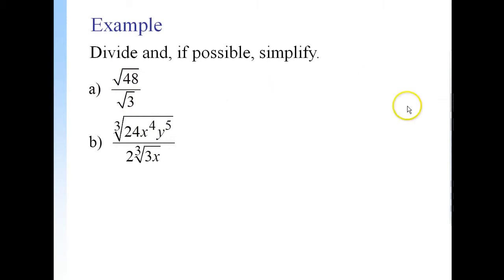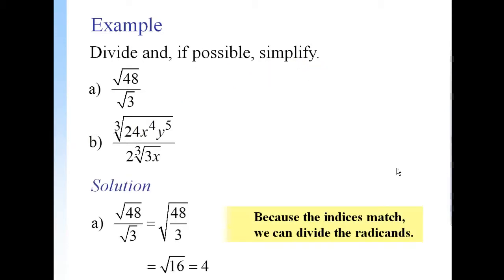Now, this one is interesting too. So as we do this one, we can put it all under one radical sign. Now we can actually do this division, which gives us then 16.